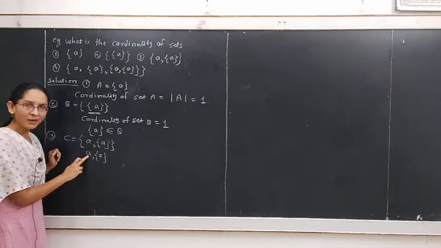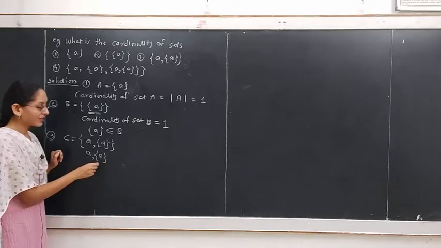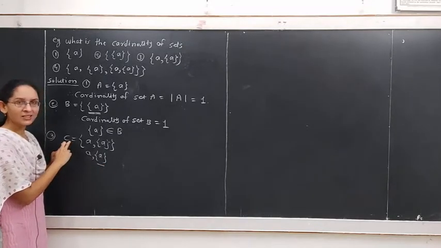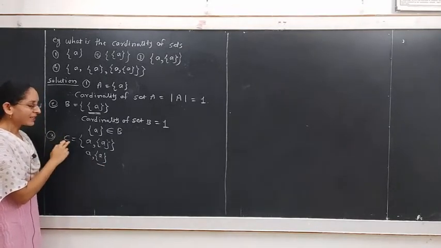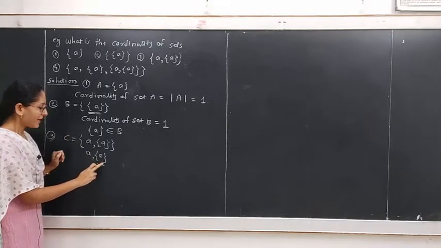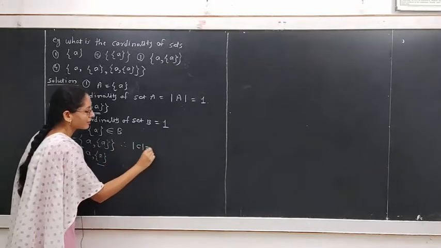This element is in the form of set, hence it can be considered as the other element of the same set C. Hence C contains two elements a and set A. Therefore the cardinality of set C is 2.